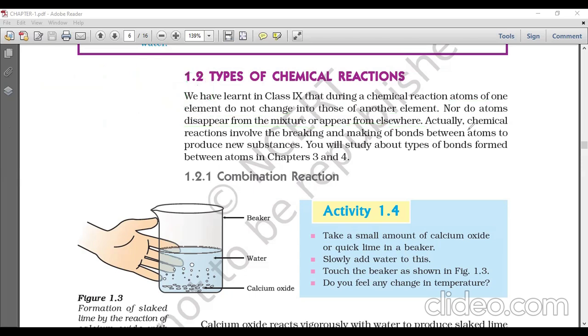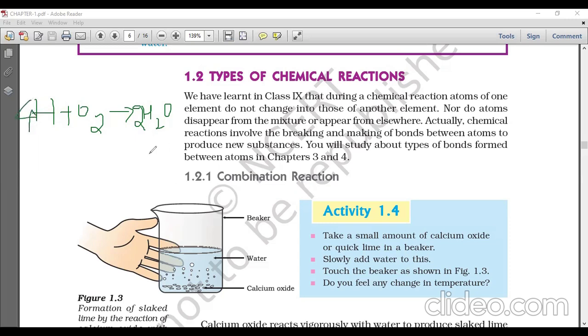Now, chemical reactions involve breaking and making of bonds. For example, hydrogen plus oxygen gives rise to water, H2O. Oxygen 2, hydrogen 2, then here you keep 4.